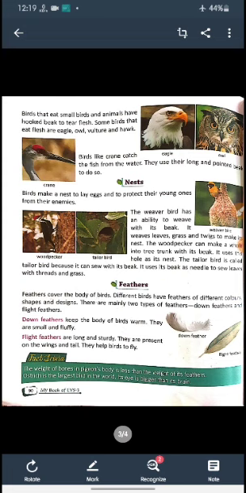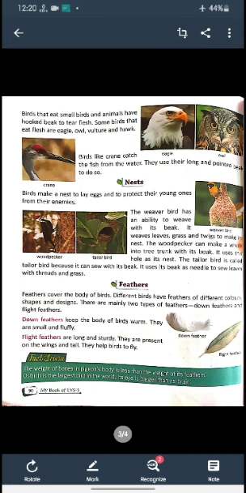Now let's talk about feathers. Feathers cover the whole body of the bird. Different birds have feathers of different colors, shapes and designs. There are mainly two types of feathers: down feathers and flight feathers. Down feathers keep the body of the bird warm.